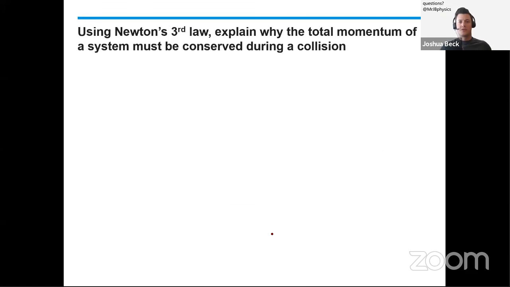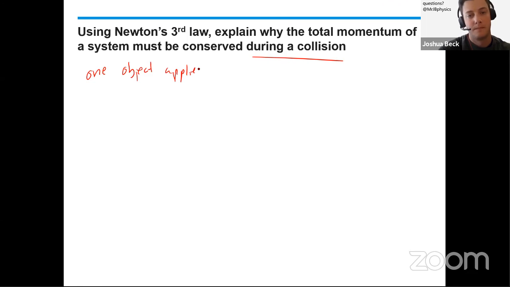So I want to use Newton's third law to explain why the total momentum of a system must be conserved during a collision. Okay, how can I do this? Well, let's start in the beginning. During a collision, what happens? So during a collision, one object applies a force. Where?